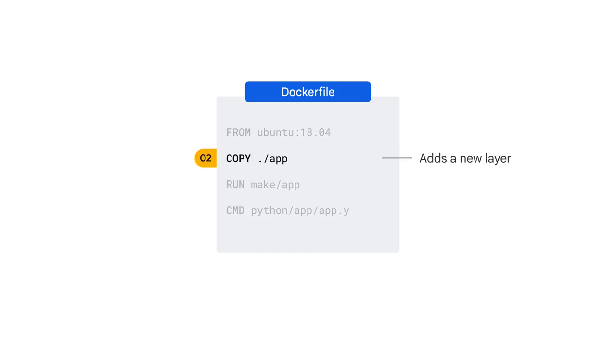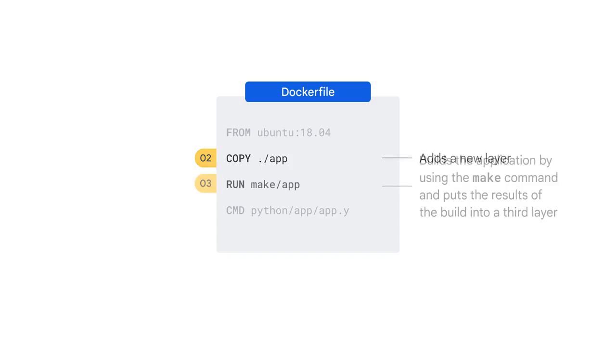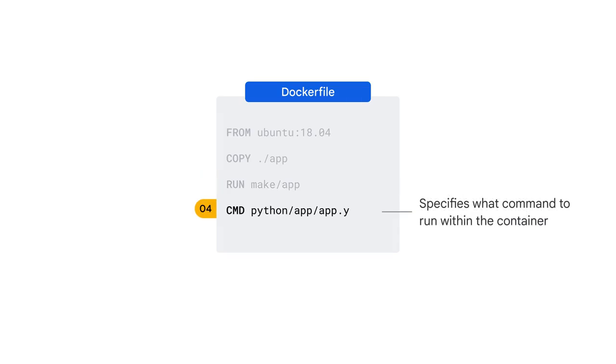The copy command adds a new layer, which contains some files copied in from your build tool's current directory. The run command builds the application by using the make command and puts the results of the build into a third layer. And finally, the last layer specifies what command you should run within the container when it's launched.